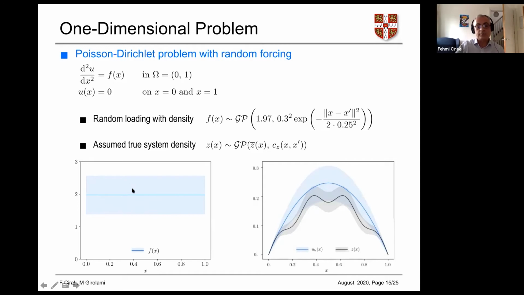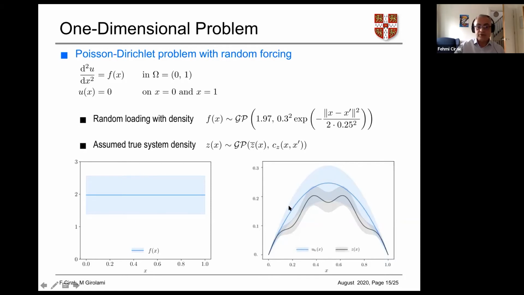Right? So if you consider this, we can now use a forward problem and use this equation which I introduced in order to compute the mean of a finite element solution, which is the blue line, and also the confidence region for the finite element solution corresponding to a random loading like the one on the left.